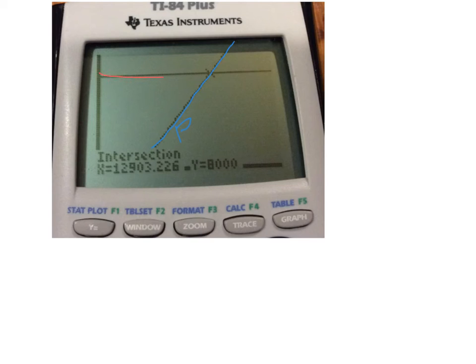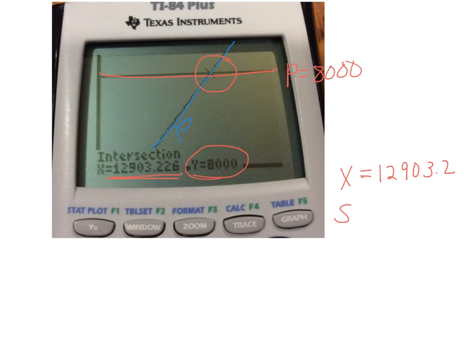This is the line where the profit equals 8,000. And where they intersect, that's going to be when the profit equals 8,000. And I already did the intersection calculation, calc intersect. And we get that X equals 12,903.2. So that means that in order to make $8,000 profit, we need to sell 12,904 pairs of shin guards.